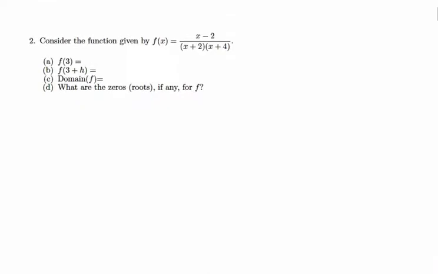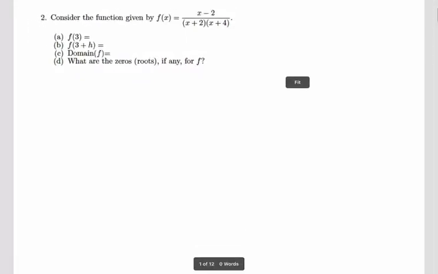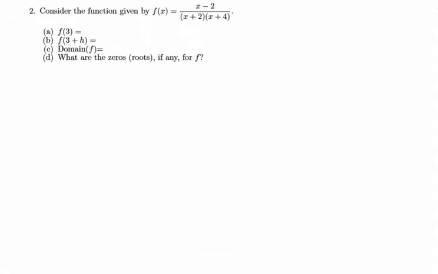Let's look at the next problem. Consider a function given by f of x equals x minus 2 over x plus 2 times x plus 4. So in this case, we have a function given in a fraction form. This is also known as rational function. So f of 3, again, we're just evaluating. So we're inputting 3 as an input quantity.